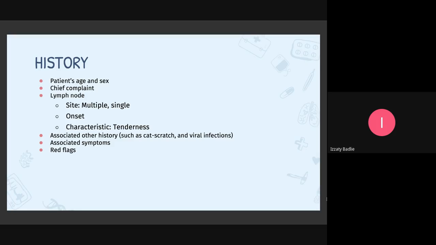Associated with other history, we need to ask about any scratch from a cat and any viral infection such as pharyngitis, which might be diagnosed as Kawasaki disease. For any other associated symptoms, as I mentioned before, for TB lymphadenopathy, we need to ask about TB symptoms and so on.